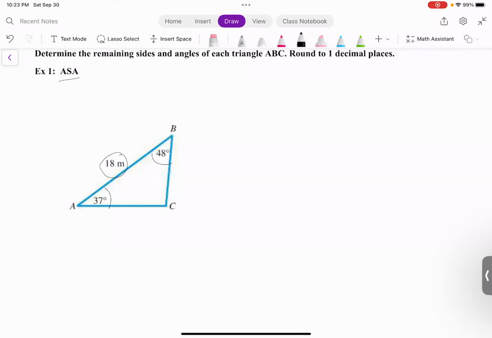This is the ASA case. For the ASA case, we can use the law of sines to find all the missing information. But if I have two angles, can you find the third angle easily? Yes, because I know that the sum of the angles A, B, C is 180 degrees. So I can put a relationship here.